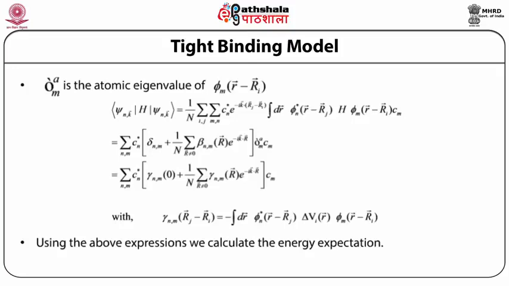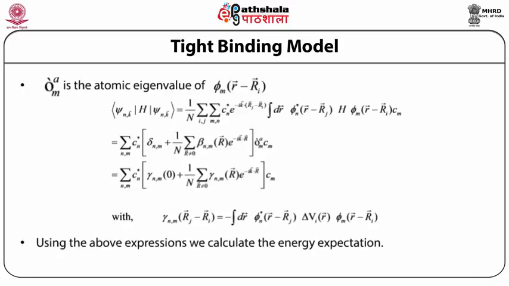Again this is quite straightforward: 1 by N, summation over i and j, again a summation over m and n, Cn star e raised to power minus i k dot (Rj minus Ri), integration over the entire volume. Then we have phi n star H phi m and Cm finally.